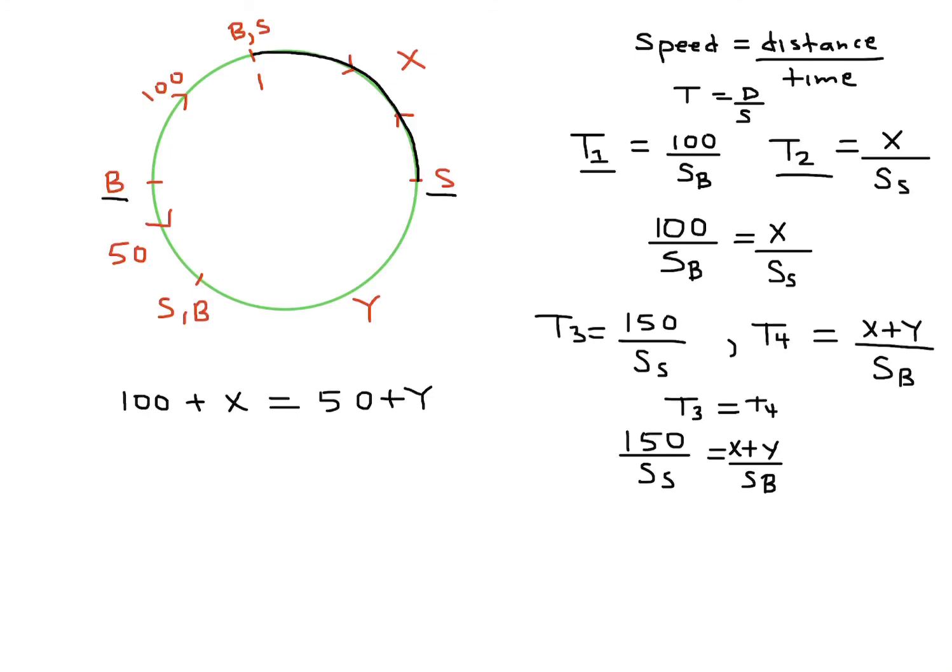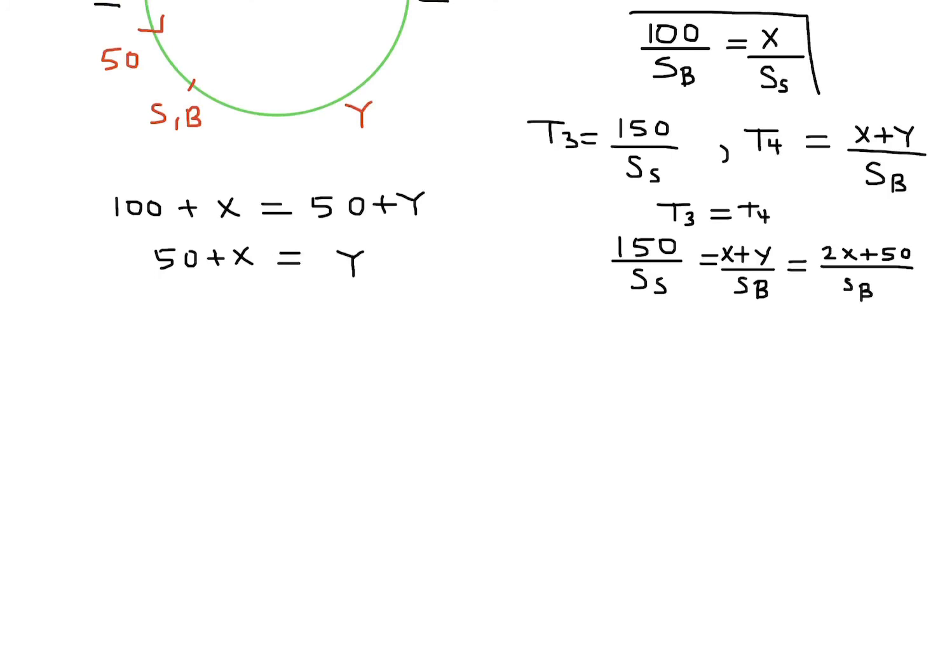And therefore, instead of having y's, we can just put it in terms of x. Y would basically be 50 plus x. So this basically becomes x plus y, where y is 50 plus x. So it becomes 2x plus 50 over SB. All right? So let's proceed with this.